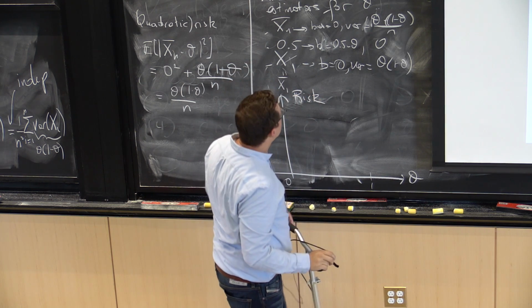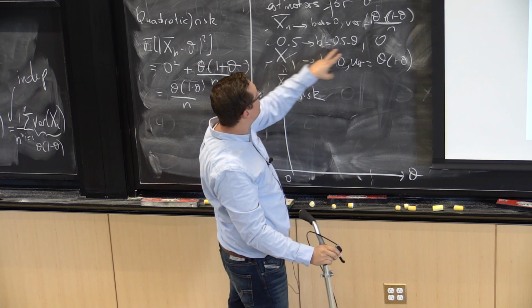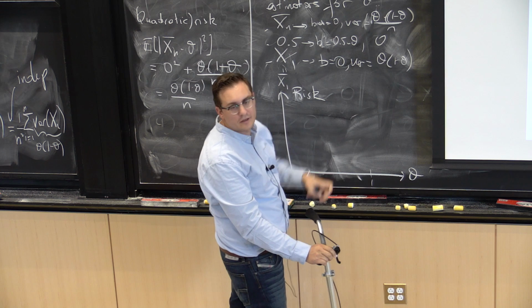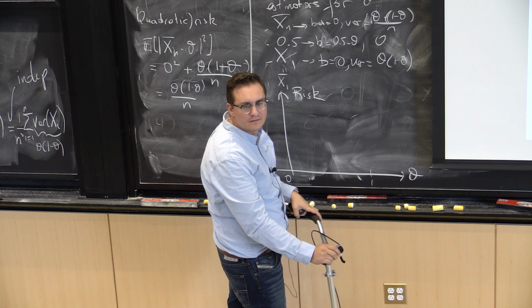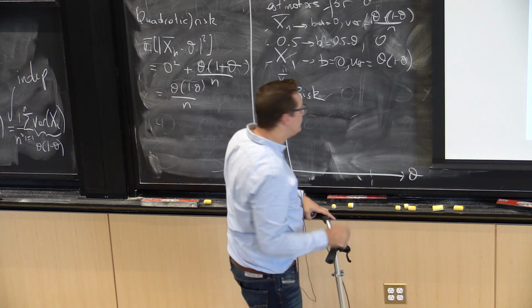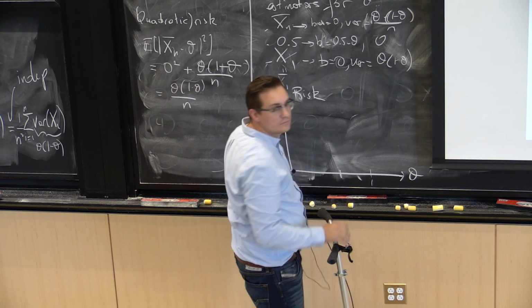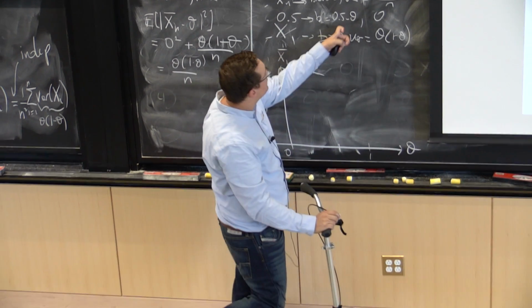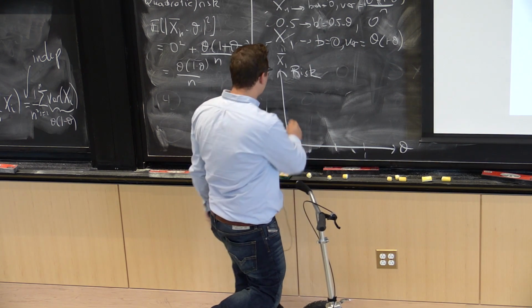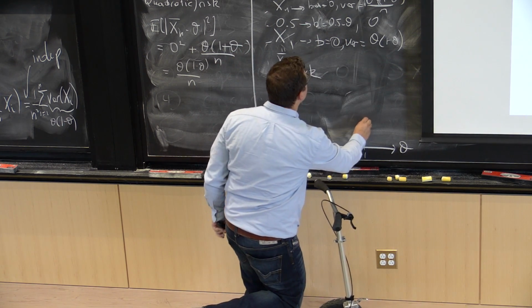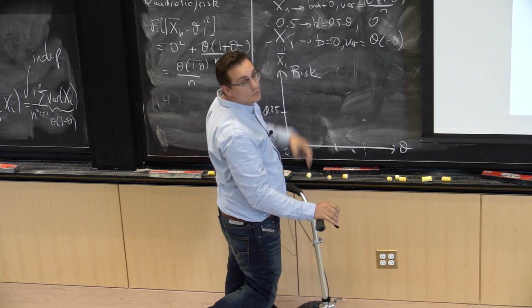OK? So what is the risk of the estimator 0.5? This one is easy. Well, it's 0 plus the square of 0.5 minus theta. So at theta equal to 0.5 it's going to be 0, and then it's going to be a square. So at 0 it's going to be 0.25, and at 1 it's going to be 0.25 as well.